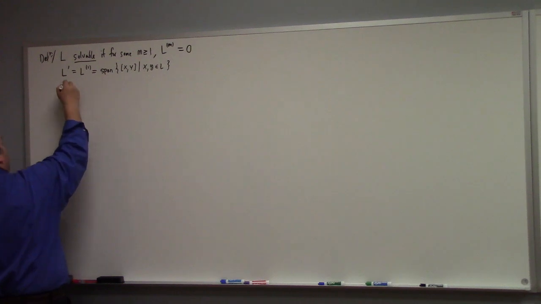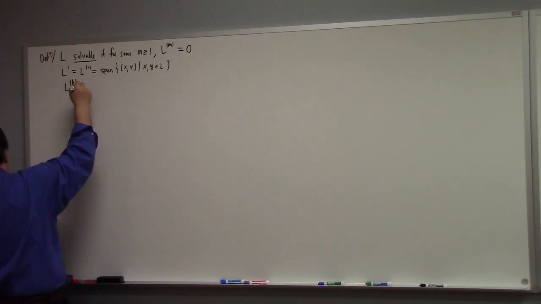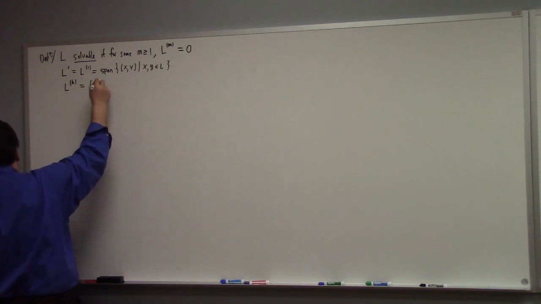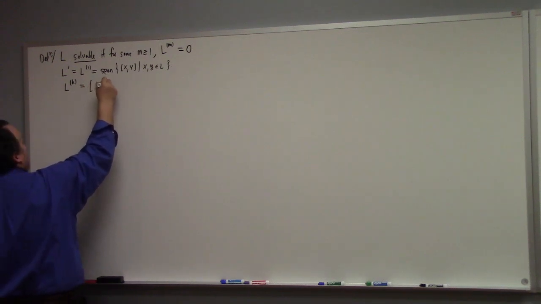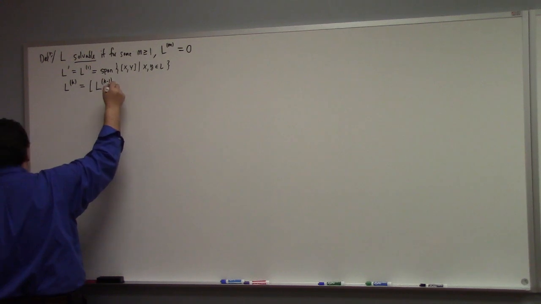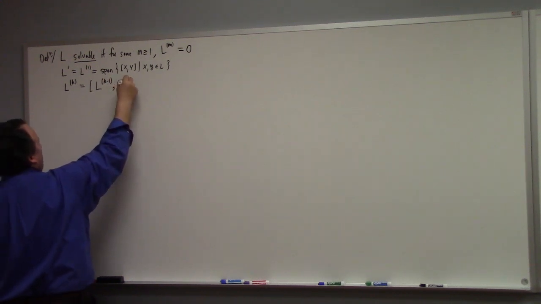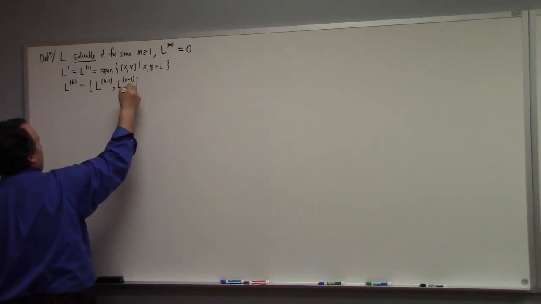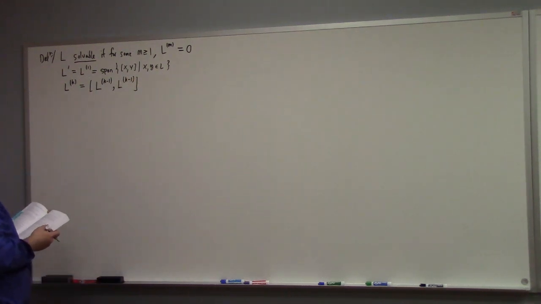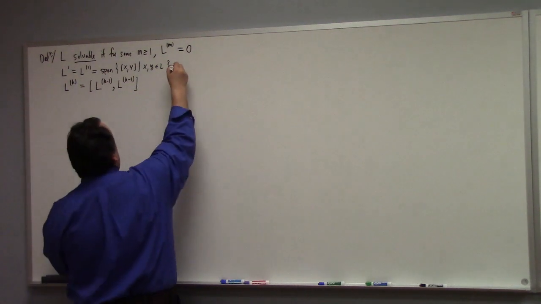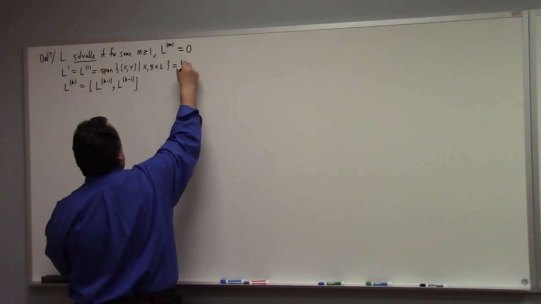Iteratively, you define the kth term to be the bracket of the (k minus 1)th with the (k minus 1)th. If I remember right, I could also write this as L bracket L, right?